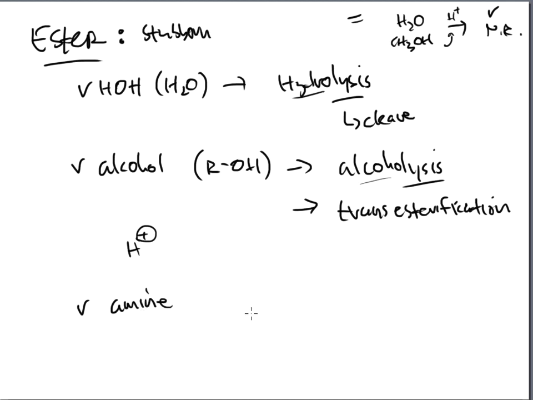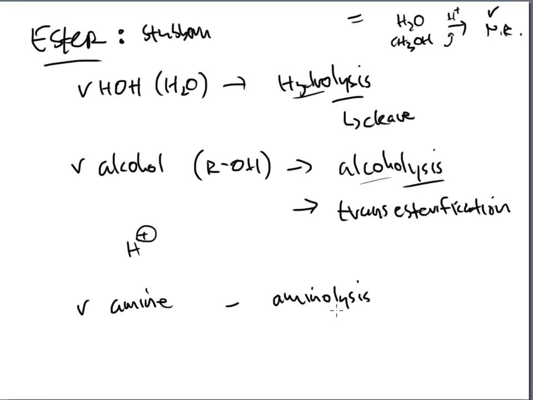These we call aminolysis. That was an amine cleavage. So lysis again means cleave, to break apart. What are we going to be breaking apart? How are we going to do it? Well, we're going to do it with an amine group, and that amine group is going to be a nitrogen-containing species. So there you go, folks.